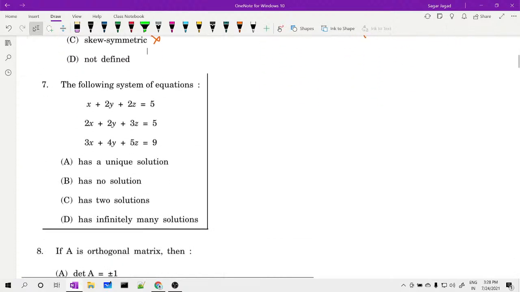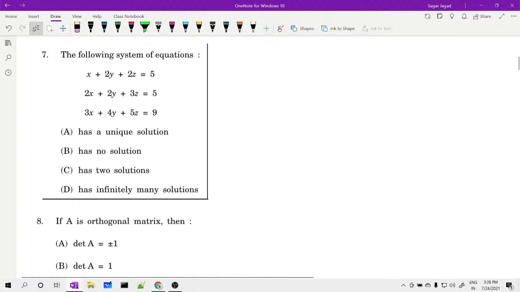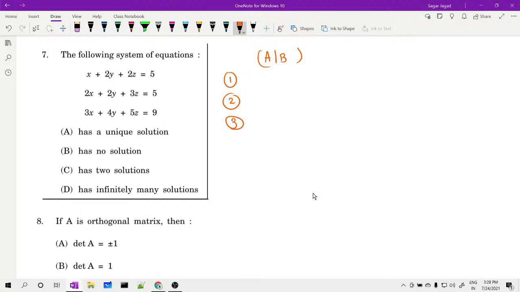The following system of equations has a unique solution, has no solution, has two solutions, or has infinitely many solutions. Okay, good question. I will write it in augmented form, and there could be three cases that may arise, right? So let me write those three cases.